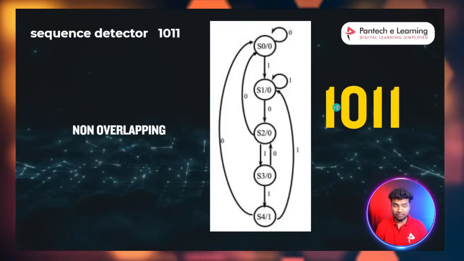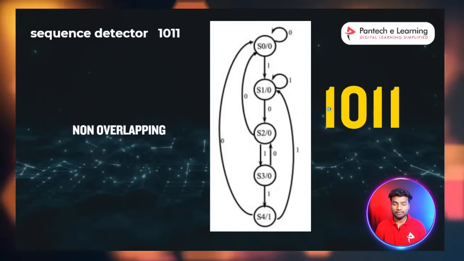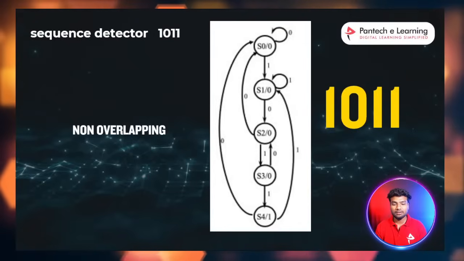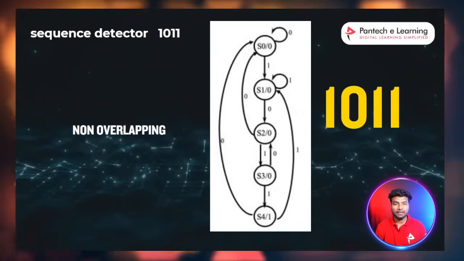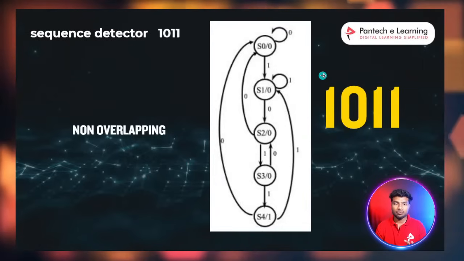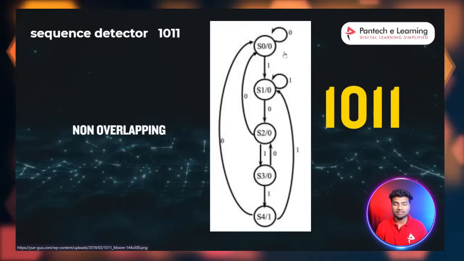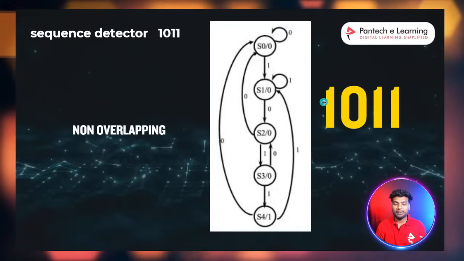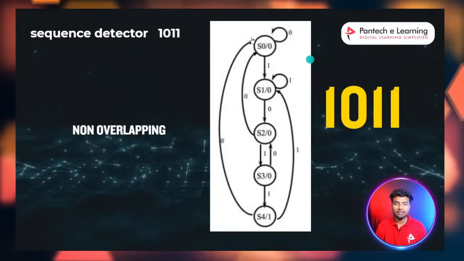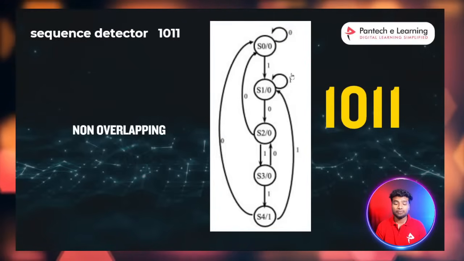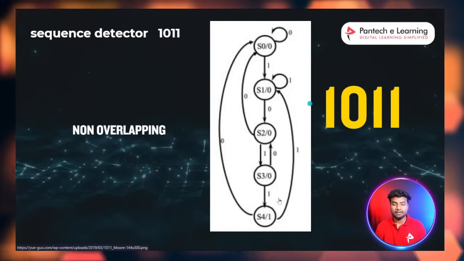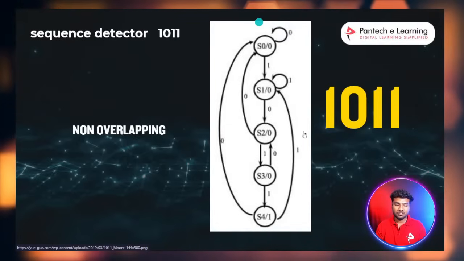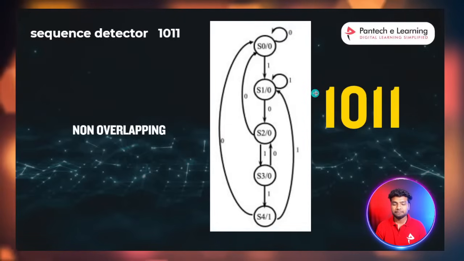You want to detect 4 bits, 1011, the 4 bits of binary input. For that you have to make 5 states: S0, S1, S2, S3, S4. So these are the 5 states you have to create first.